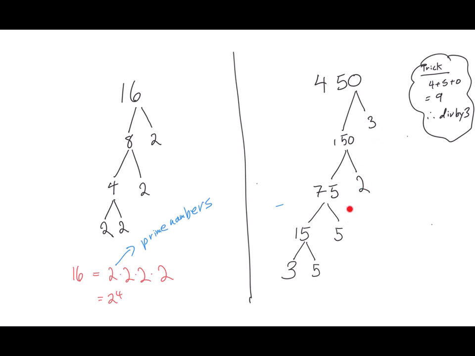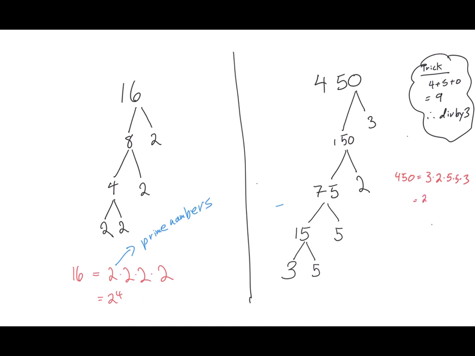What I'm going to do is organize these into something a little bit more readable. So let's first start by writing it out. 450 is equal to a 3 times a 2 times a 5 times a 5 times a 3. And what we're going to do is pull everything together.